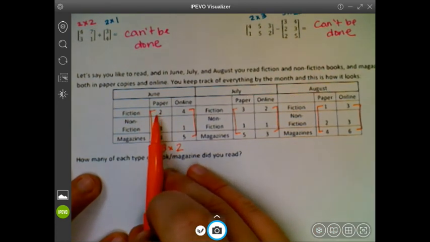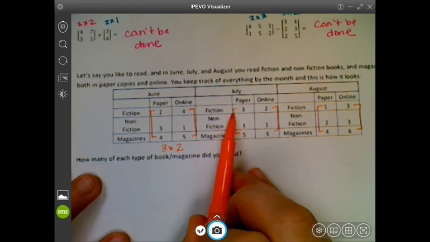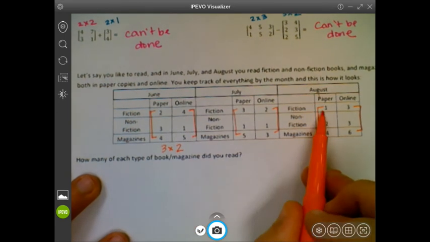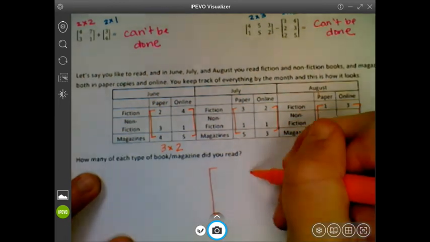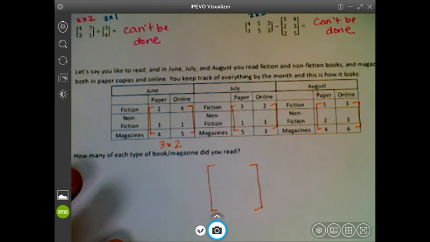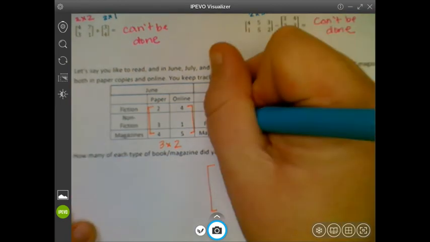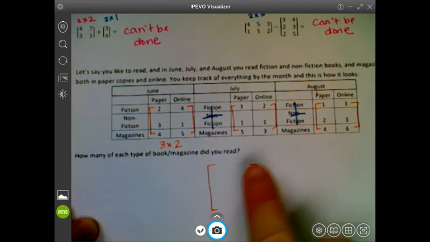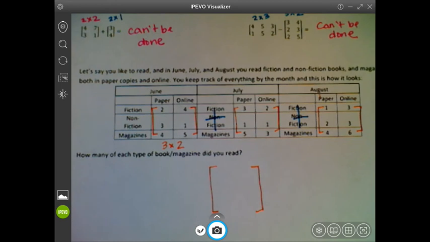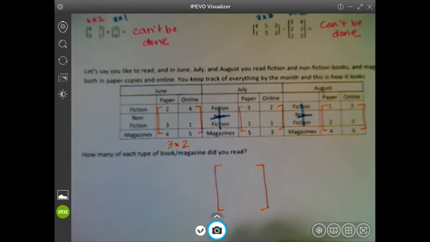So the first number in the first row and column is talking about fiction paper copy. So if you add those 3 up, it will tell you how many fiction books you read in paper copies. And so this is just going to be an addition problem, right? So I'm going to put plus here, and you're just adding these 3 matrices together to get a final matrix that has those 6 values of each kind and in each way it was delivered.